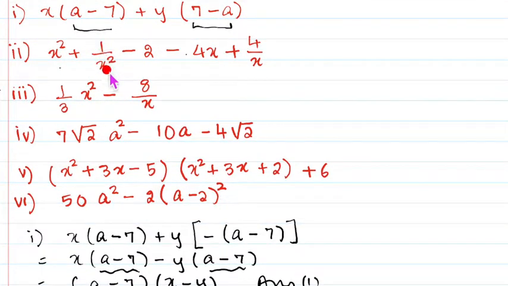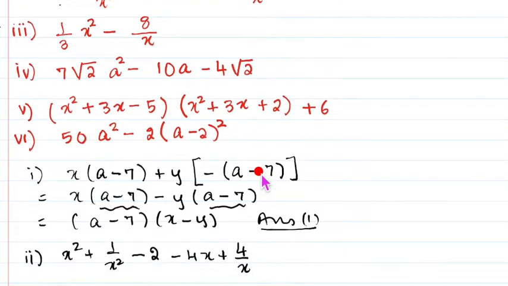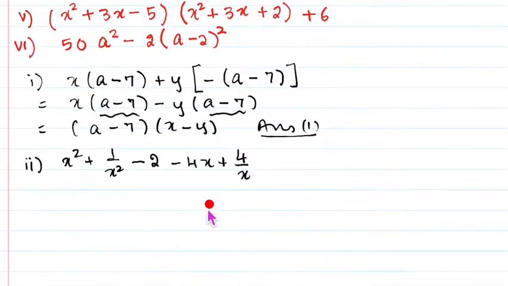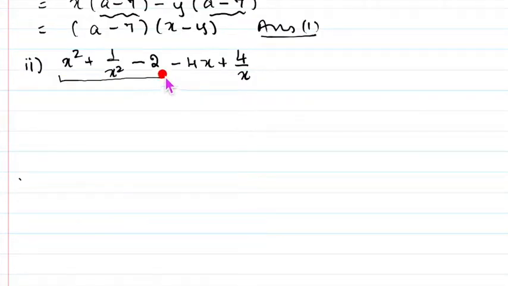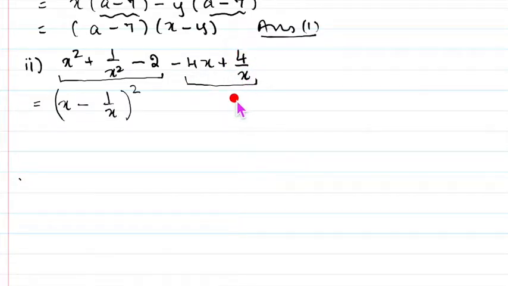X squared plus 1 upon x squared minus 2 minus 4x plus 4 upon x. So I have copied this over here, and we can see over here that this one is x minus 1 upon x whole squared, correct? Now can you see x minus 1 upon x here?